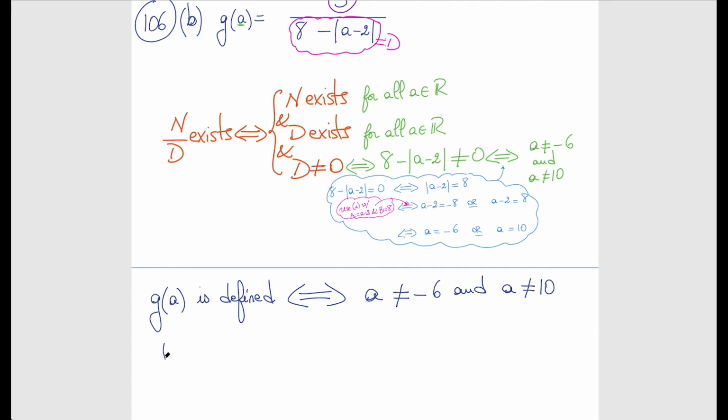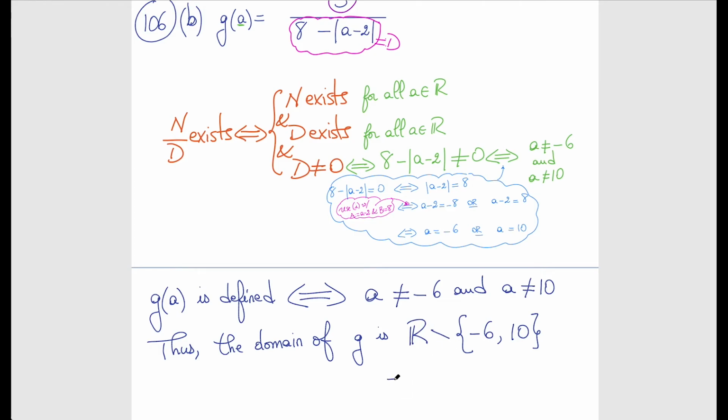Okay. Therefore, the domain of g is all real numbers except those values. So I'm gonna throw away the set consisting of minus 6 and 10, this doubleton, from the set of all real numbers.